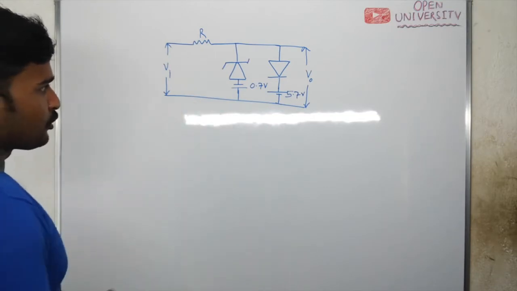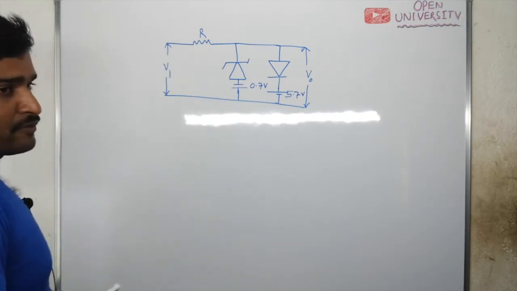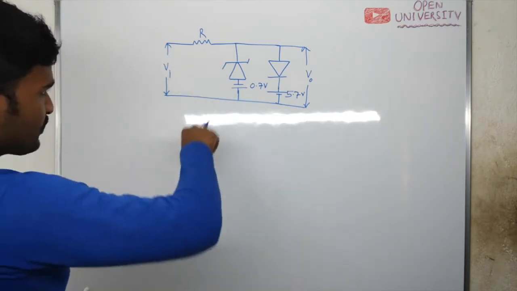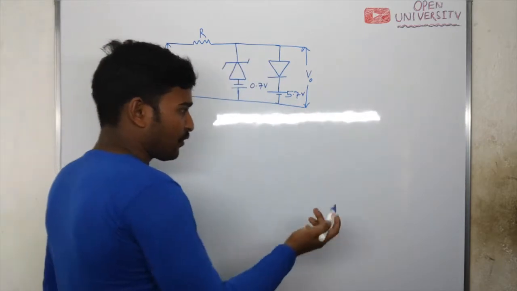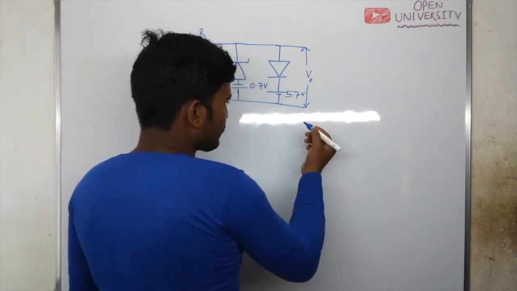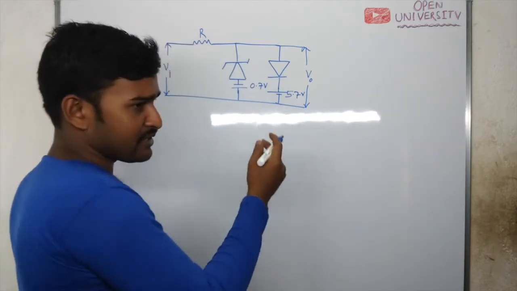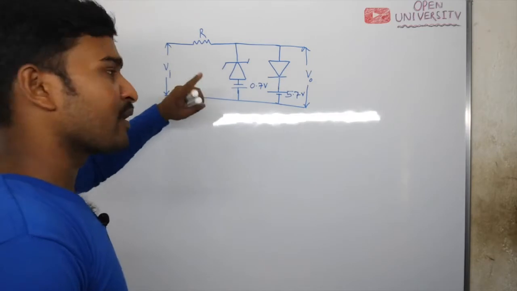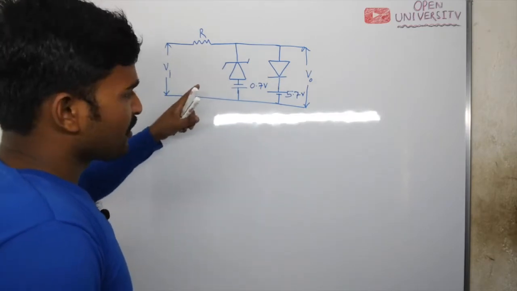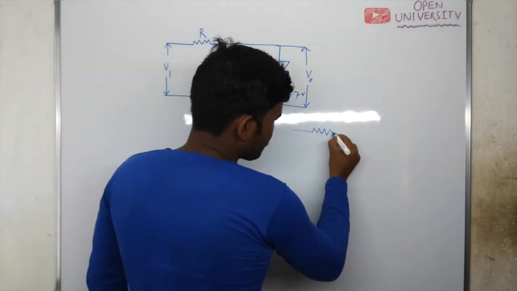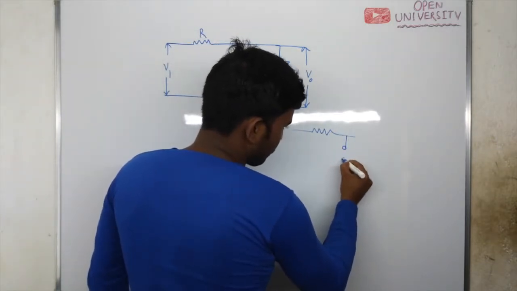Now, in order to know for what values of input the diodes are forward biased and reverse biased, you first make both the diodes off. That is called the open circuit test. Whenever you are not able to understand for what values of input the diodes are forward or reverse biased, you need to do the open circuit test, meaning you assume that the diodes are off or open circuited.